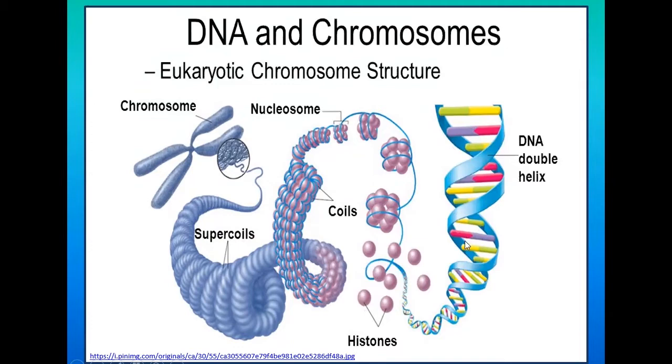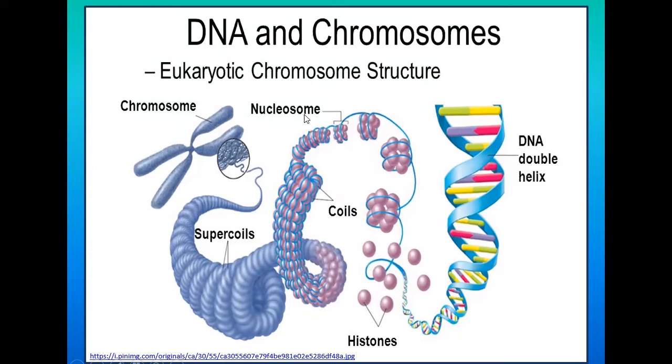So the DNA strand, which is double helix. Later you will know the reason why this is double helix. It is coiled on a protein called histone. And this combination of your DNA strand and your protein called histone is what we call a nucleosome.